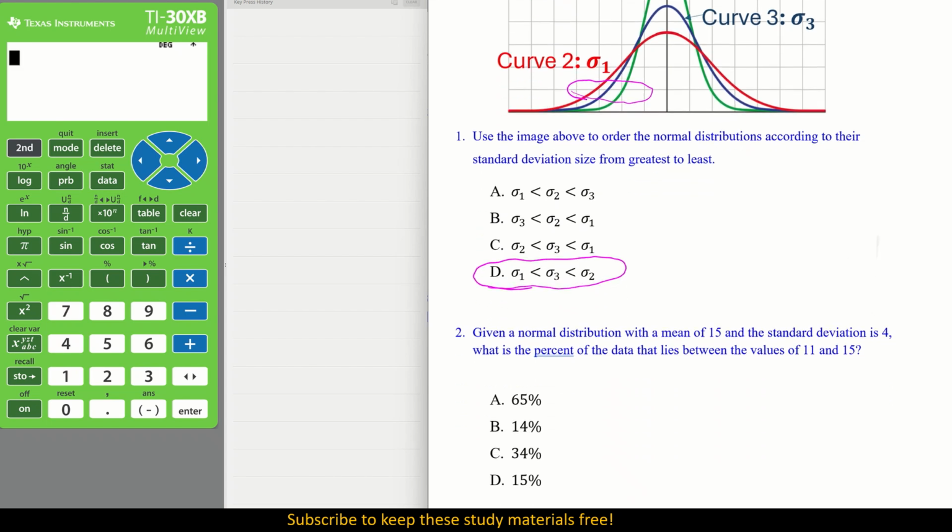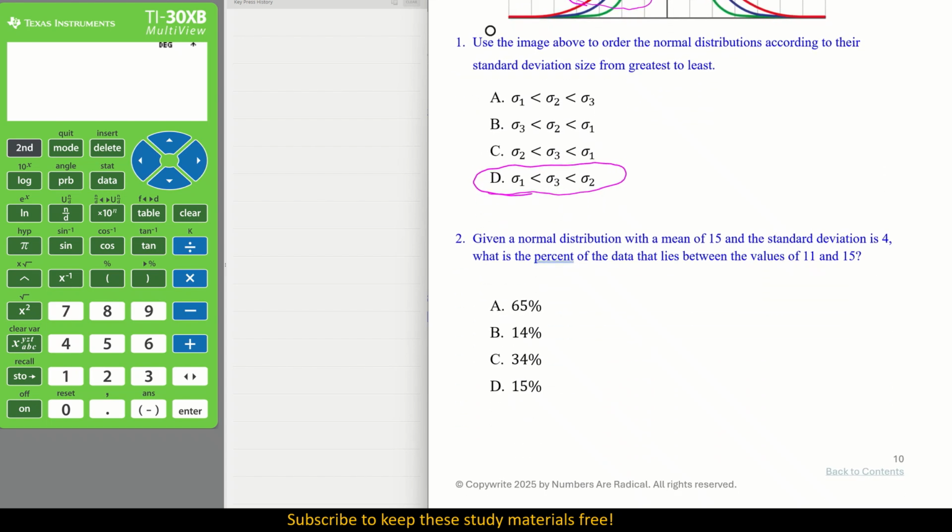Now let's go to number 2. Given a normal distribution with a mean of 15 and a standard deviation of 4, what is the percent of the data that lies between the values of 11 and 15? The first thing we need to do is get our z-scores, z sub 1 and z sub 2.